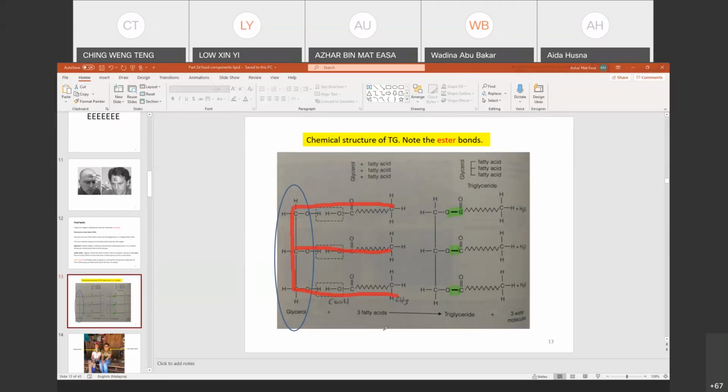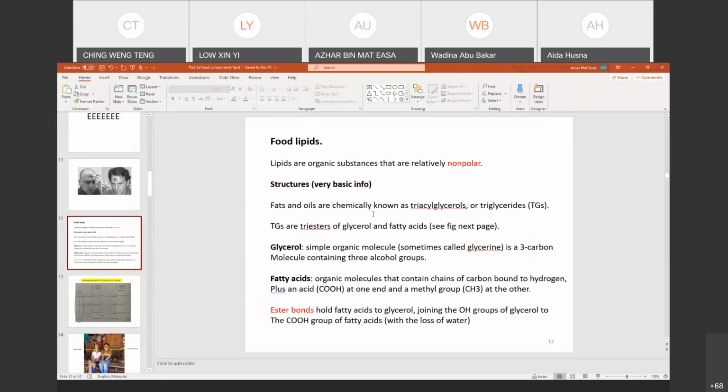So 3 fatty acids combined with glycerol, we have fats, or we call them triglycerides. So you cannot forget the E in fat. So you will always remember this E as fat. You cannot forget that because of the mistake you make.